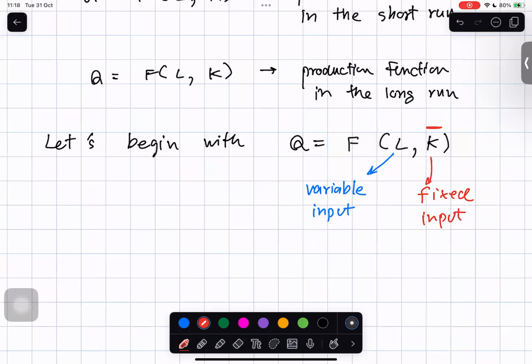Use more workers if we want more cookies. But later on, you will see that it's not always the case that when we increase more and more workers, the number of cookies keeps increasing. Sometimes it may fall.